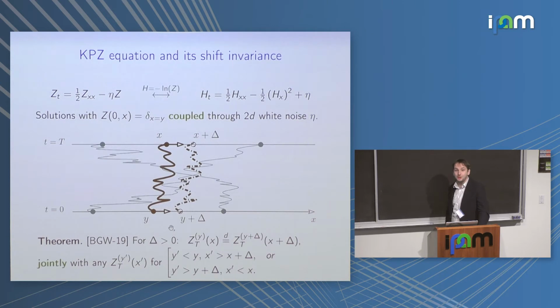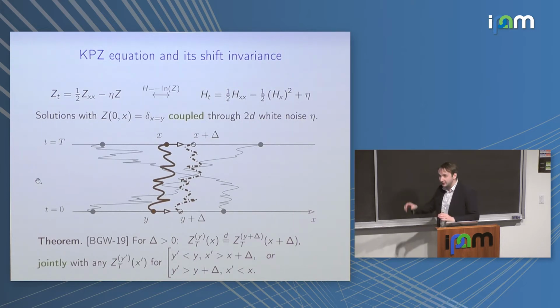Now what you are doing, you're looking at two solutions of this equation, in one of which you shifted your starting point. So you shifted your initial condition from the delta function at point y to the delta function at point y plus delta. And now you're computing the value of the solution to your equation, either at point x or at point x plus delta, after some time t.